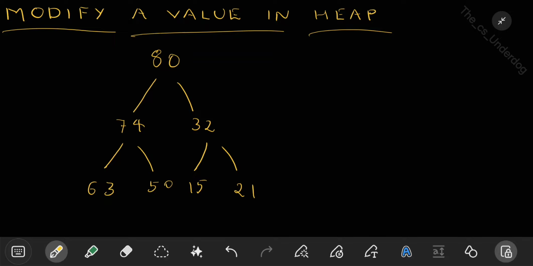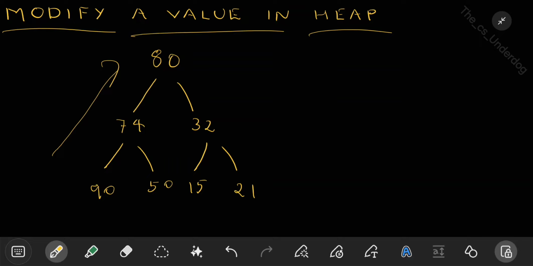Let us say we are increasing the value 63. So the 63 value, we are changing it to, let us say, 90. When I'm increasing the value, what is the procedure? You should go upwards. So I have to heapify up.